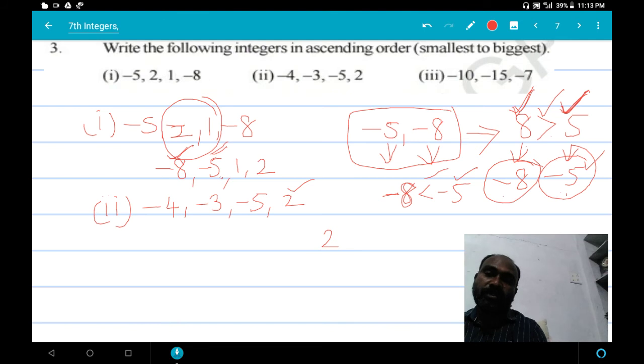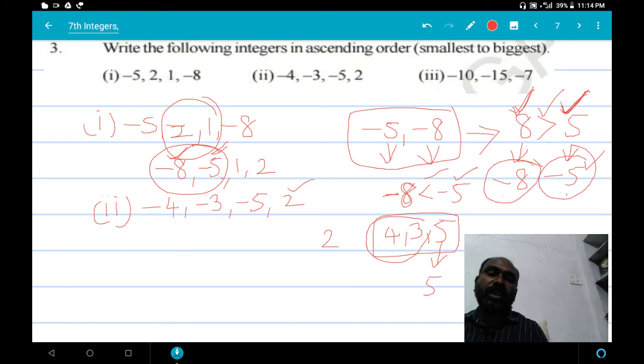For 4, 3, 5 as positive integers, 5 is bigger, then 4, and the remaining is 3.